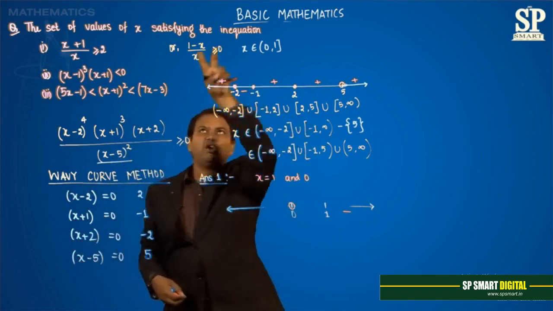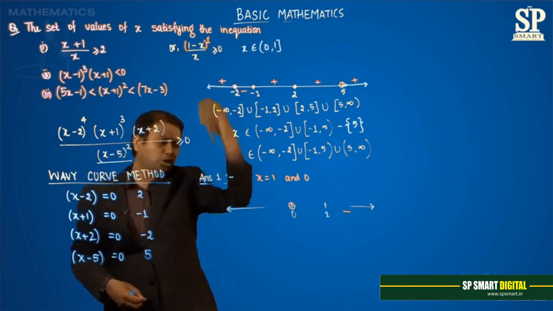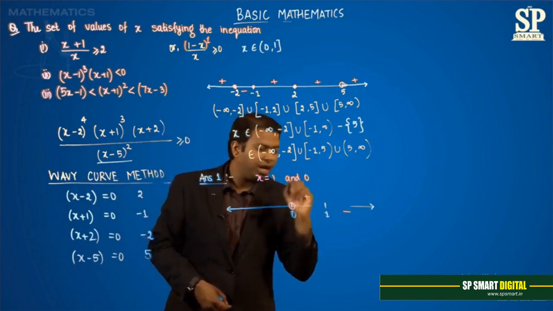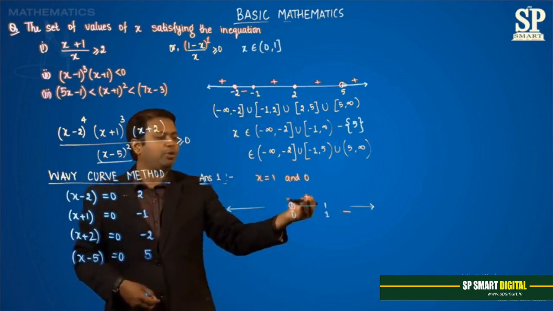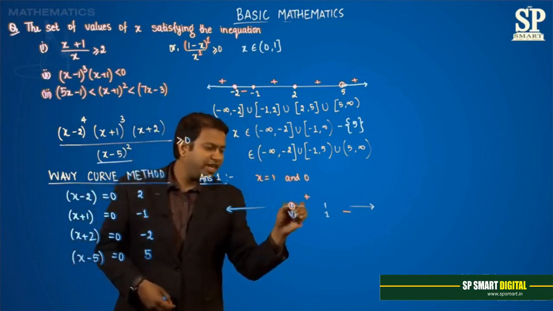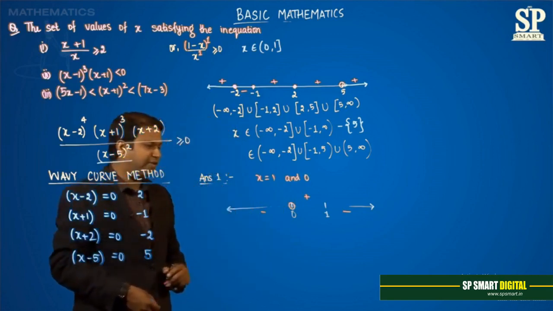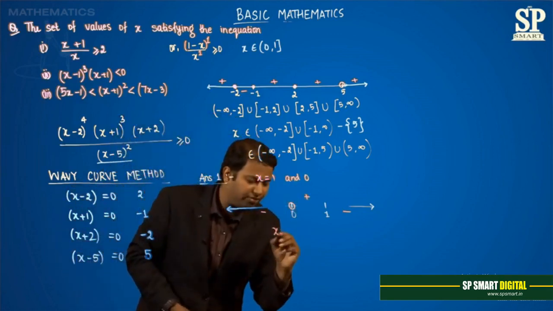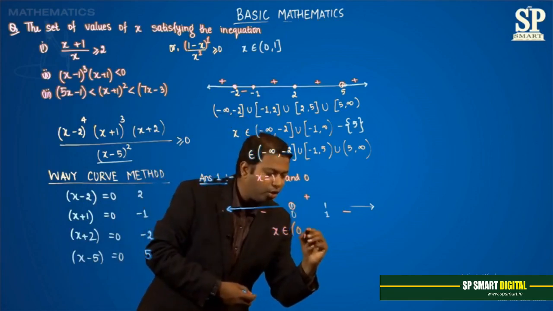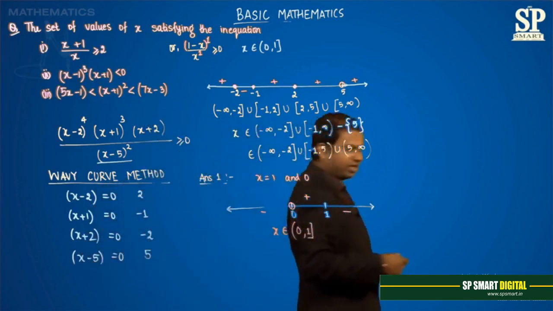Now since 1 minus x is raised to power 1, which is odd, the sign will become positive on the left part, and hence we have to put a positive sign, and again the power of x is 1, so again the sign will change on the left and right side of 0, so here we need to have a negative sign. If we just write the solution in this case, 0 is not included, 1 is included, and hence this is the solution set in the first case.